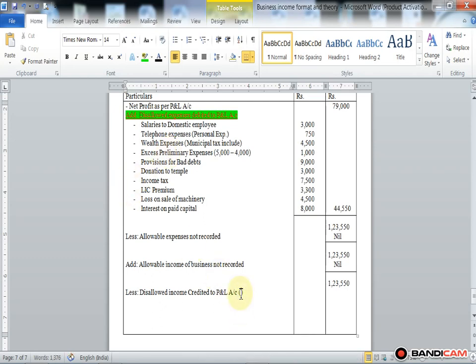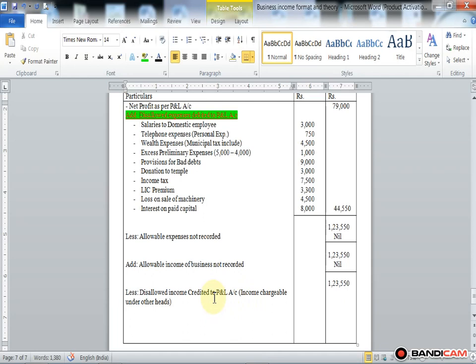Okay, so other head income is disallowed.